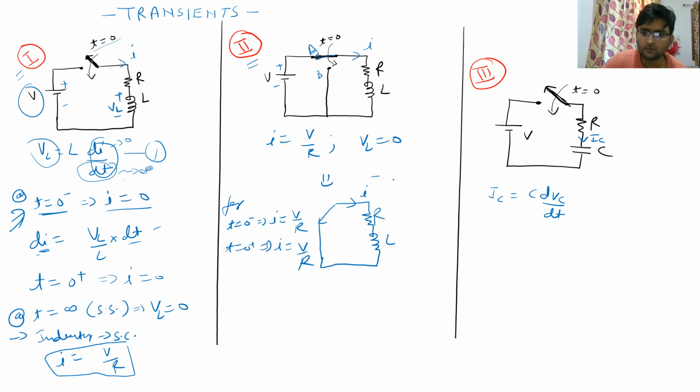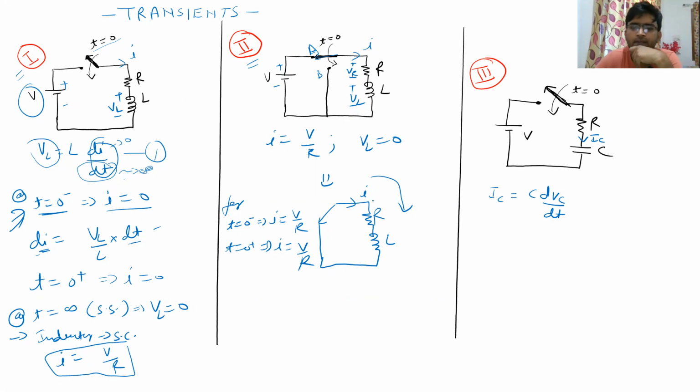If the current was flowing in this direction, and remember when the current was flowing, the voltage drop across the resistor VR was like this, and even the voltage drop across the inductor VL would have been like this. This is how the voltage drops from high to low.